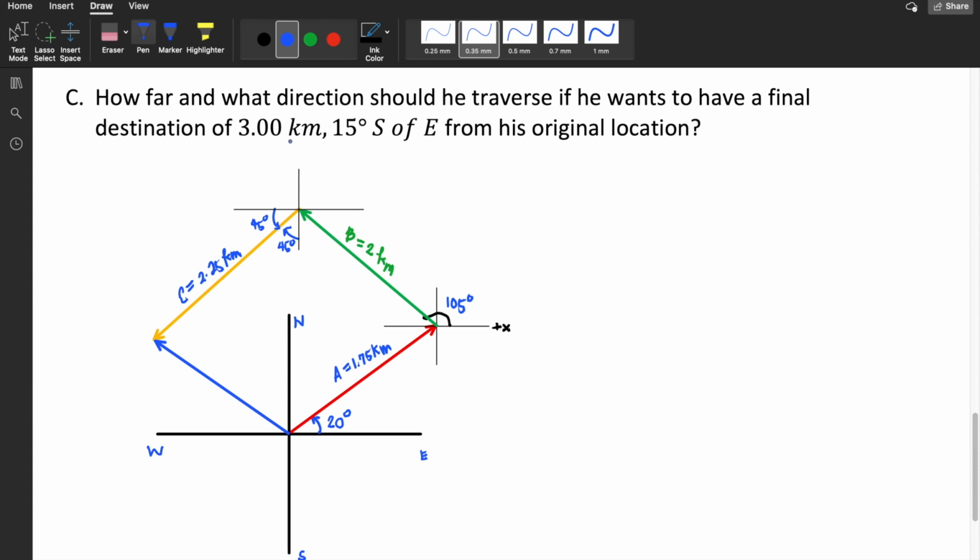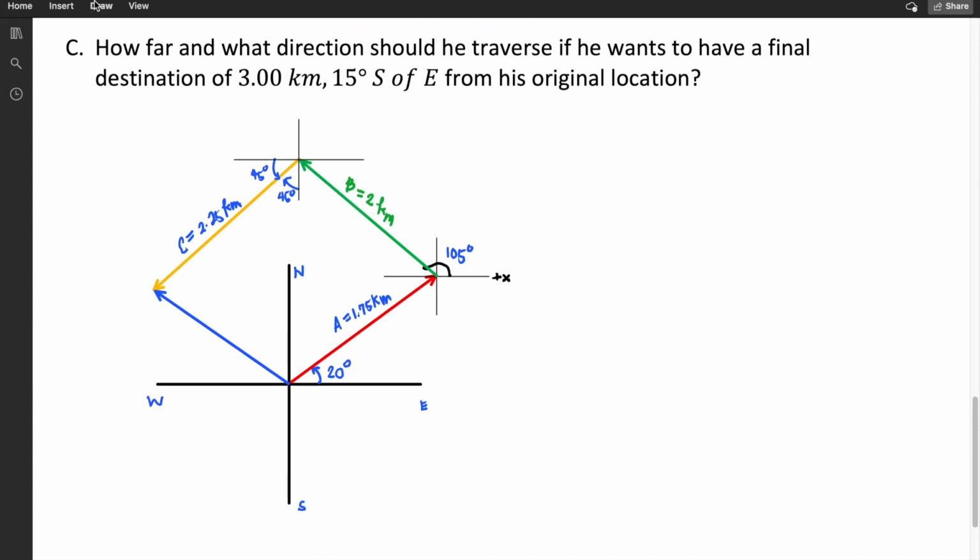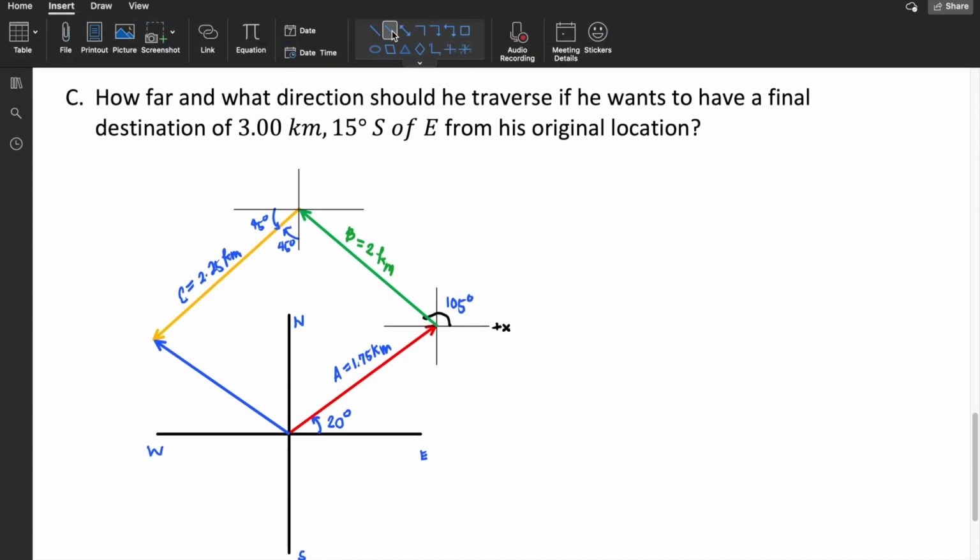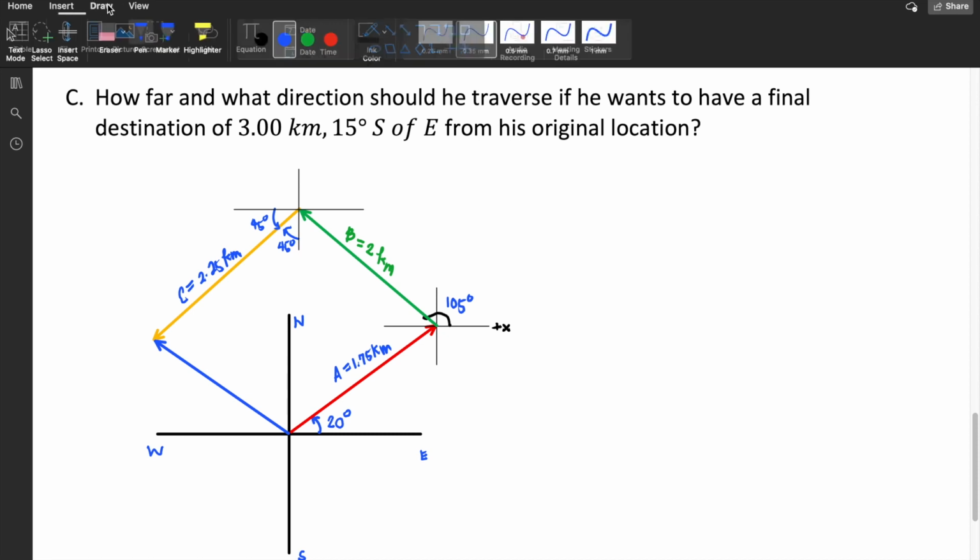What if he walked in this direction and stops here, and he has a final destination in this direction? So let's locate that: 15 degrees south of east. It's from east going south, so that would be 15 degrees, and we measure 3 kilometers.